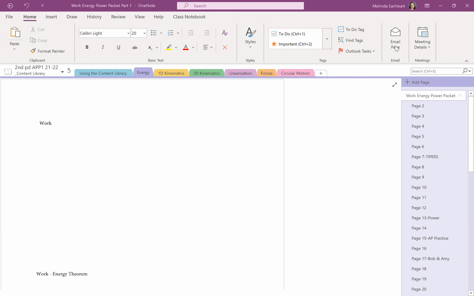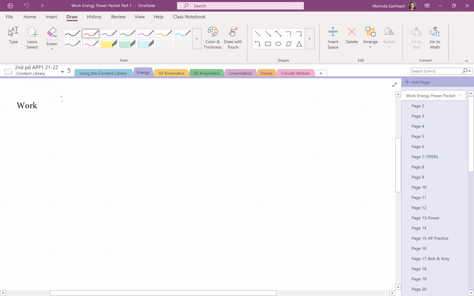Let's do work. Now work is not a generic term like we use in everyday life. Work in physics means something. And so what does work mean? Well, come on, zoom in. Okay. So work in physics, by the way, has a variable W. Where have we seen that in the past?